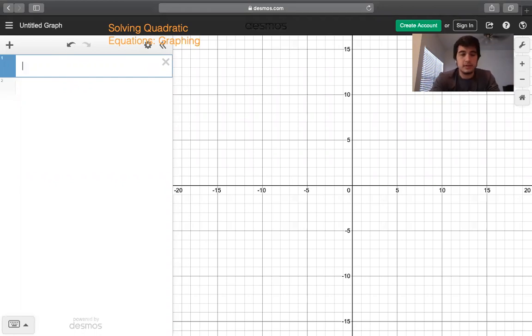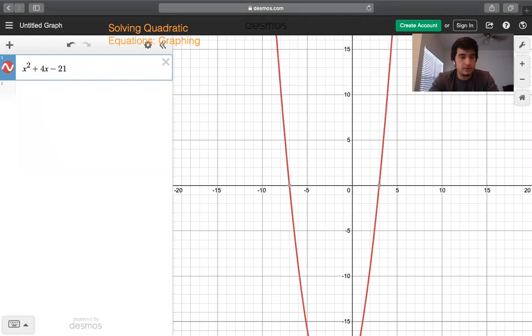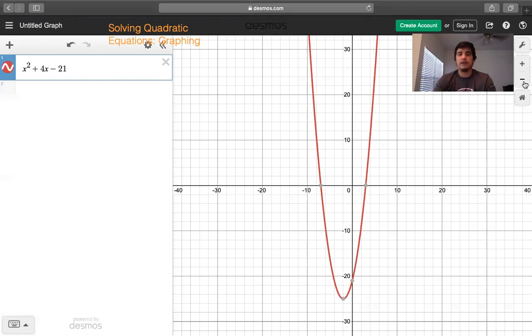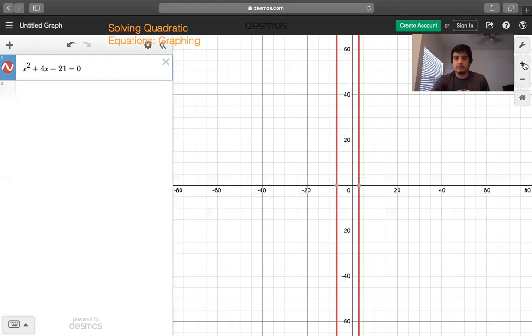So first example, right? If I have x squared plus 4x minus 21, okay, let's say I have that, right? So let's zoom out so we can get the full effect. If you remember from last week, I told you it had to have the equal 0, right? So if I put equal 0, you see how this kind of happens when I get two vertical lines, okay?